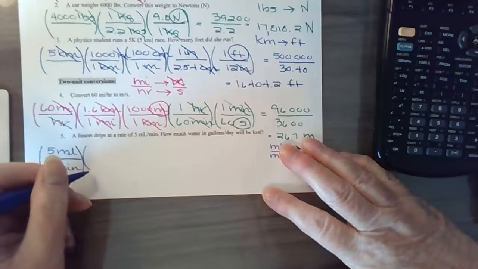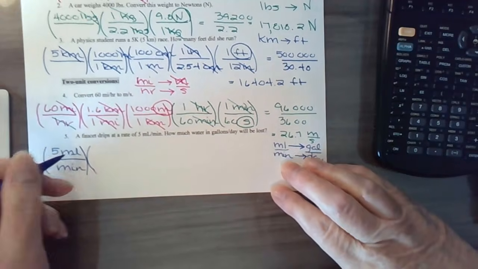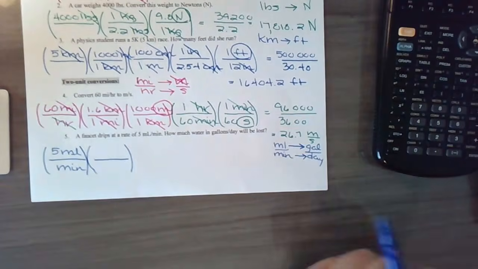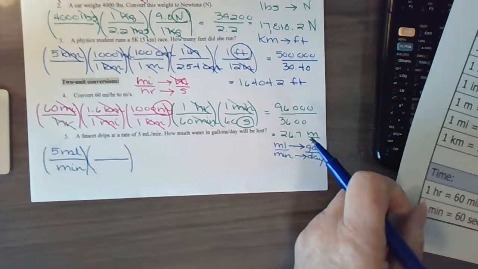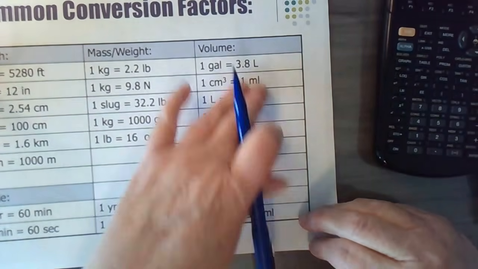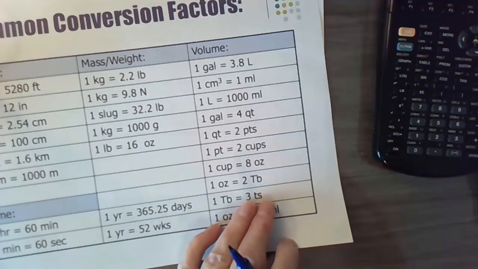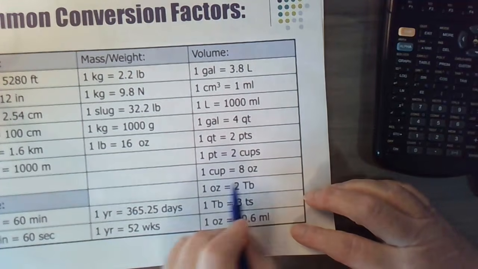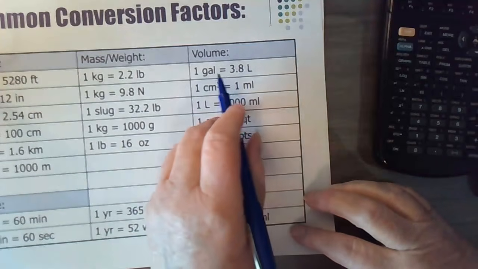All right, so I'm working on that milliliter, and I'm trying to go to gallons. So milliliters and gallons, that's over here in the volume stuff. So what could I pick from milliliters that could help me get to gallons?